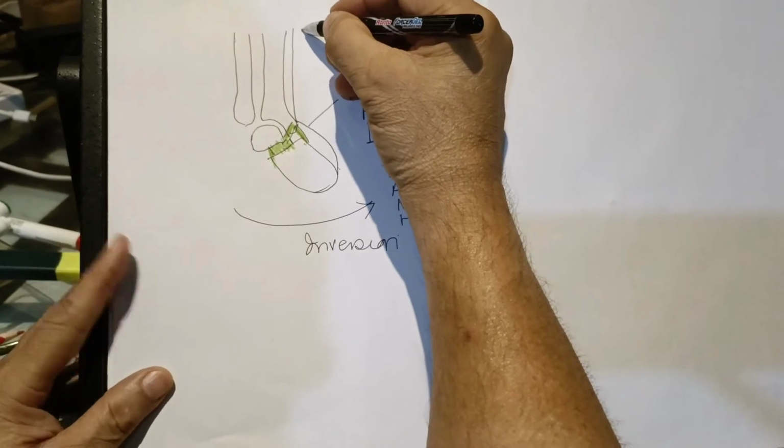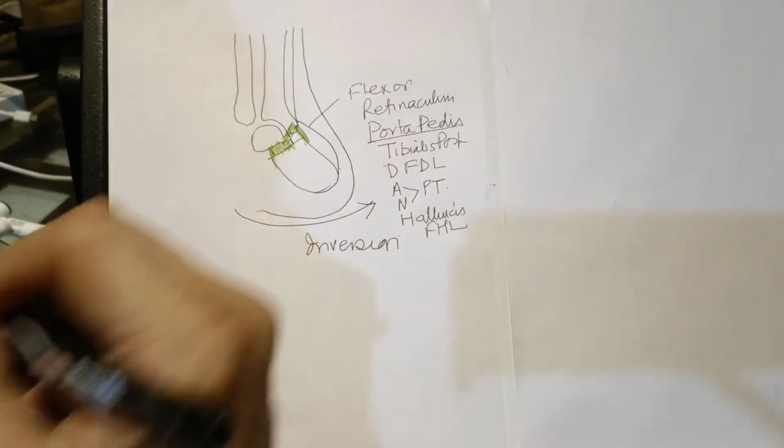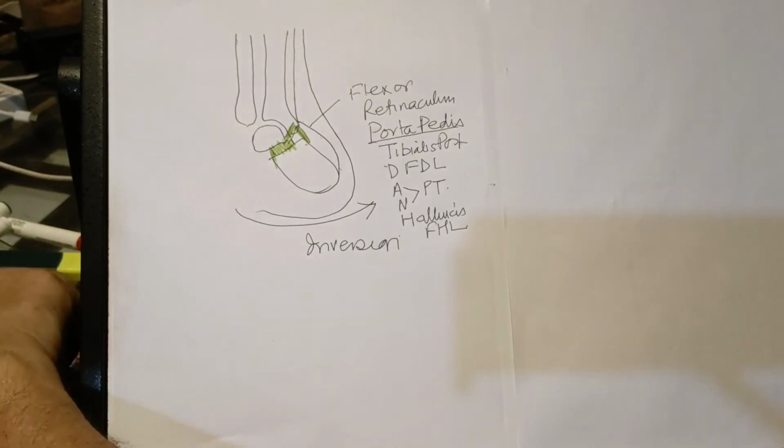Then we place the skin and the subcutaneous tissue here, and then we start placing these tendons.